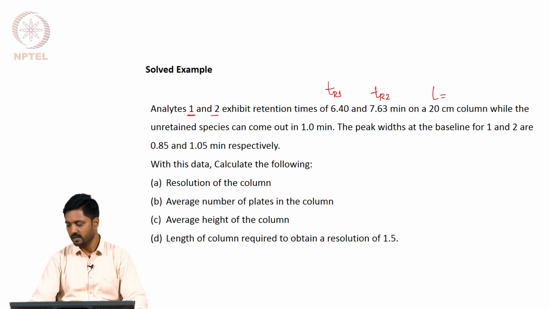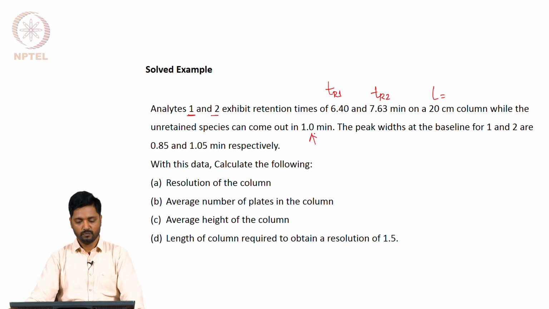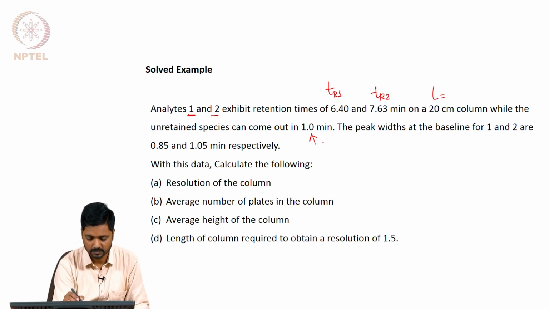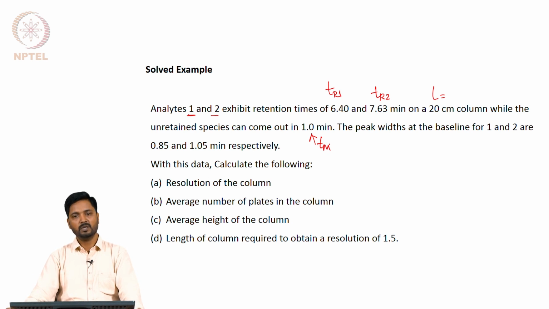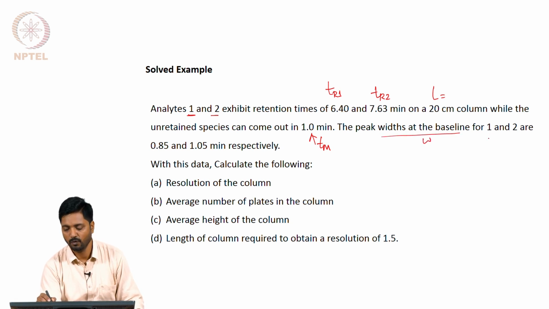and we are also told that there is an unretained species that comes out of this column within 1 minute. So, this is nothing but our Tm value in terms of what we have discussed in the previous class, and we are also given the peak widths at baseline, which is our W values for analyte 1.